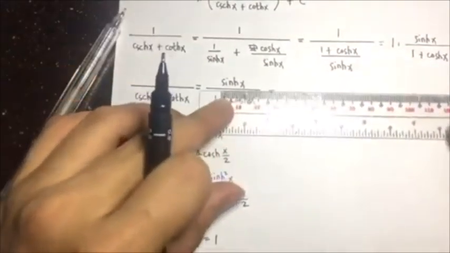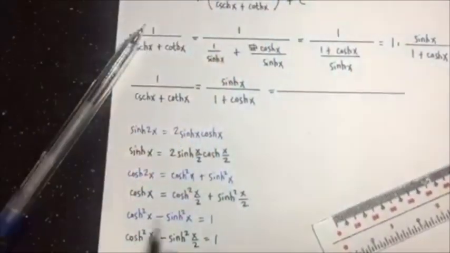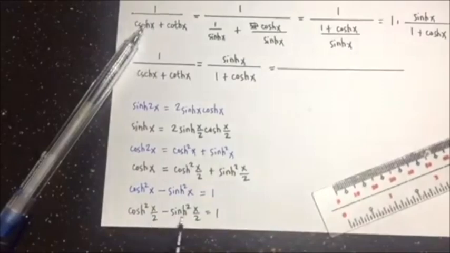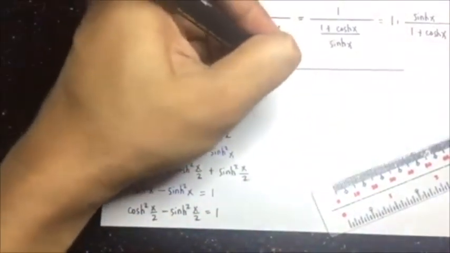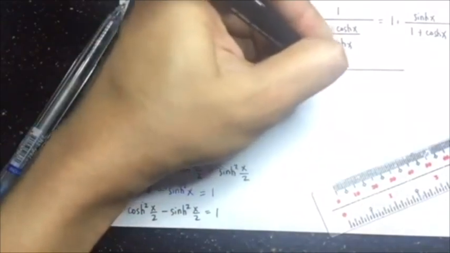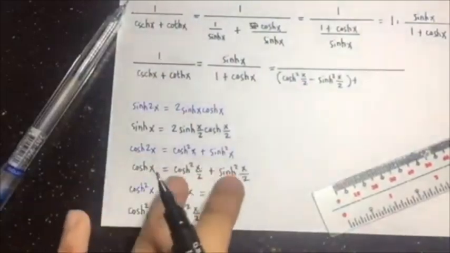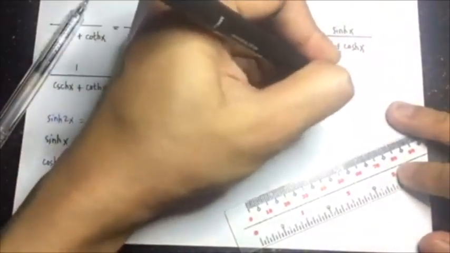So 1 is equal to hyperbolic cosine squared of x over 2 minus hyperbolic sine squared of x over 2, plus hyperbolic cosine of x, so we have this, plus hyperbolic cosine squared of x over 2 plus hyperbolic sine squared of x over 2.